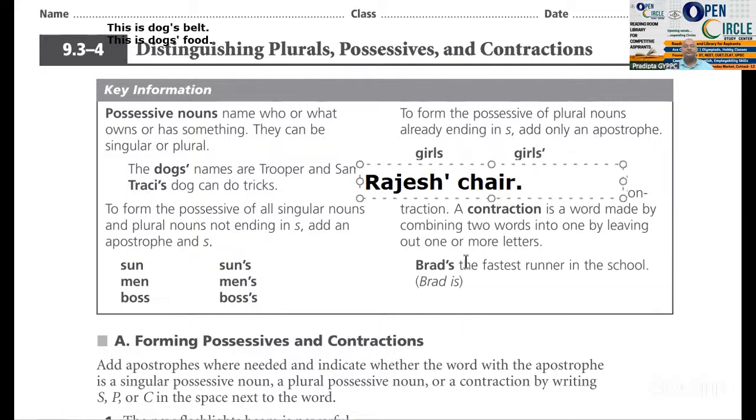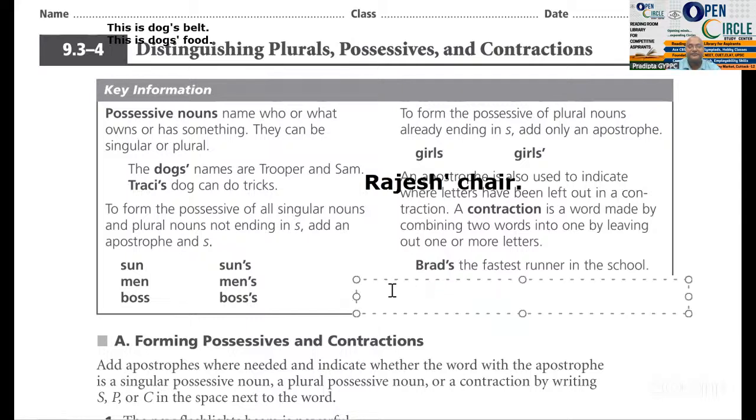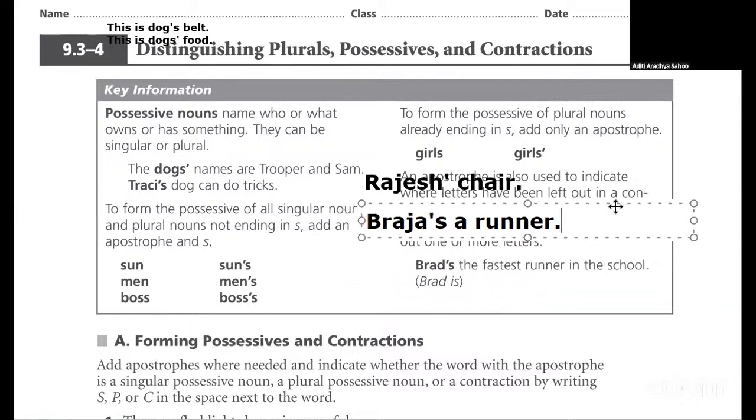Now, there is a difference between two sentences. Suppose I write Braja's a runner.